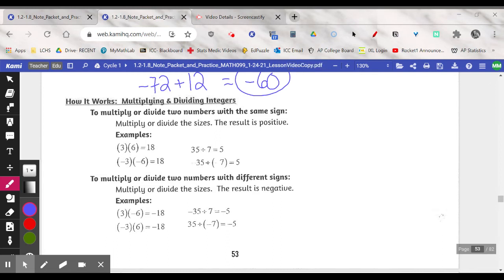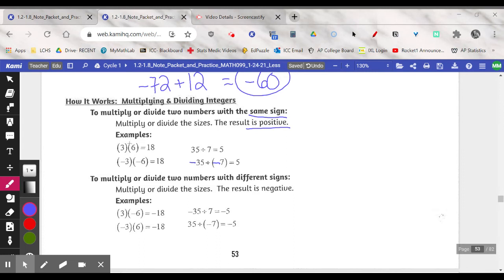So if we multiply or divide two numbers with the same sign, the result is a positive. So a negative times a negative, we get a positive. If both of our numbers that we're dividing are negative, we get a positive.